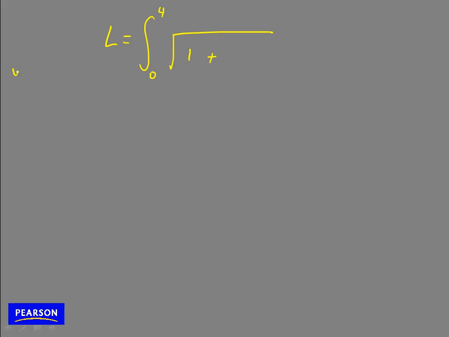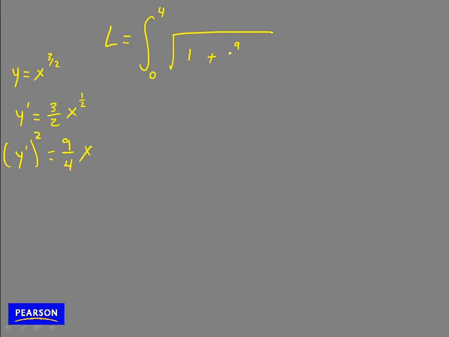What is the derivative? If y is equal to x to the 3 halves, then y prime is equal to 3 halves x to the 1/2, and then y prime squared is going to equal 9/4 x.